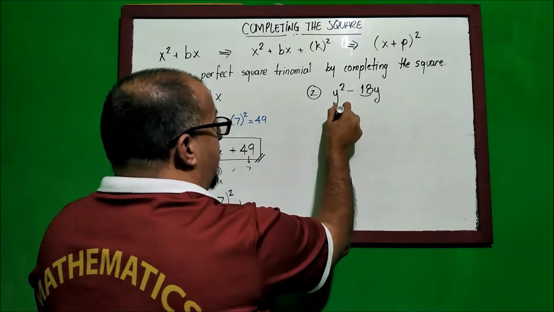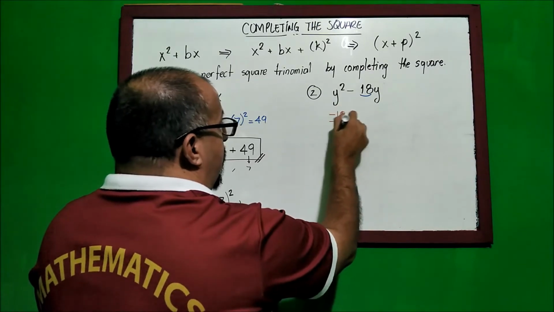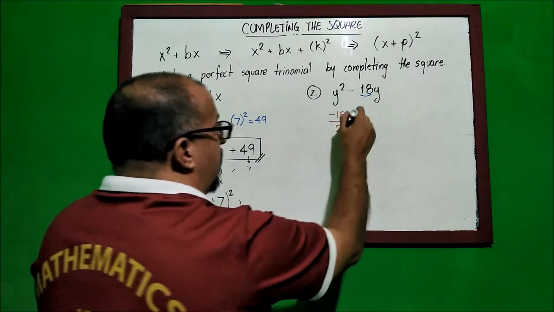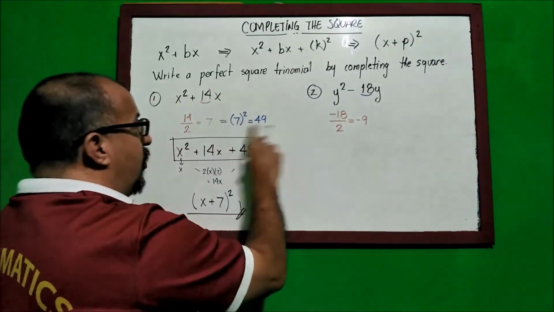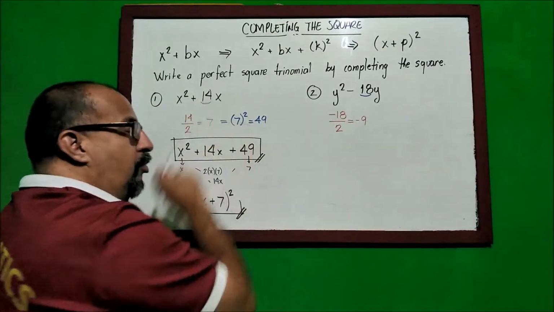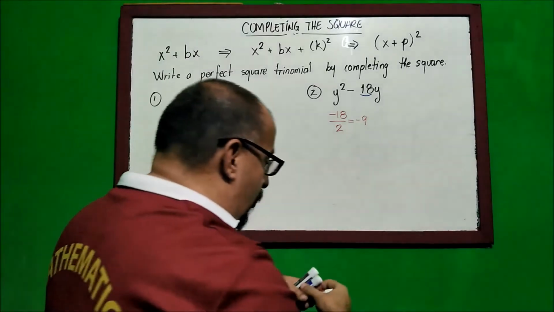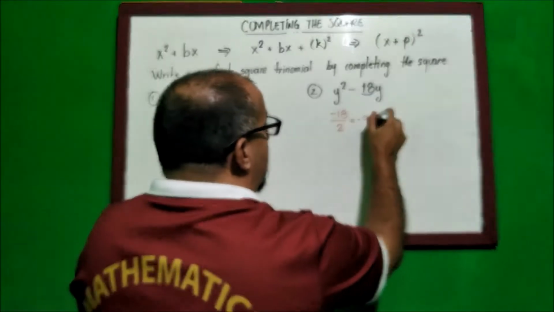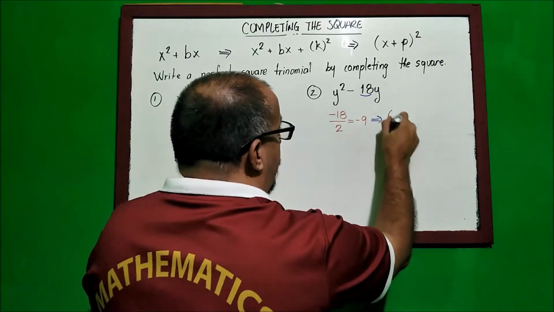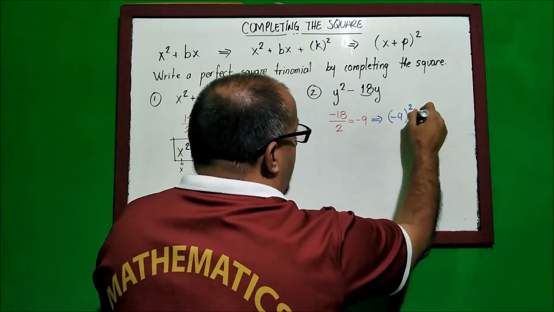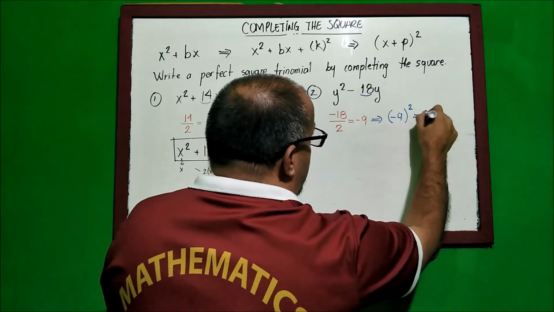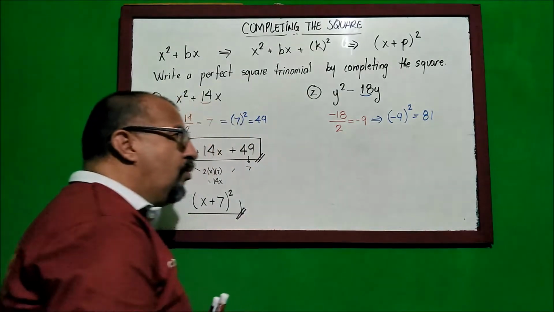So we take negative 18 in here, we divide it by 2, and then the answer will be negative 9. What are we going to do with this negative 9? We're going to square it. So let's remember that when we square a negative number, we do it by putting the negative number inside a parenthesis. And when I square it, the answer results into 81.